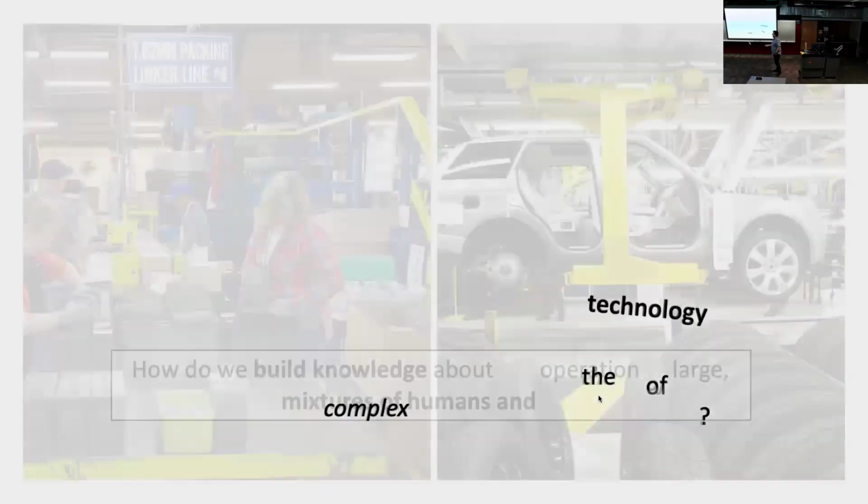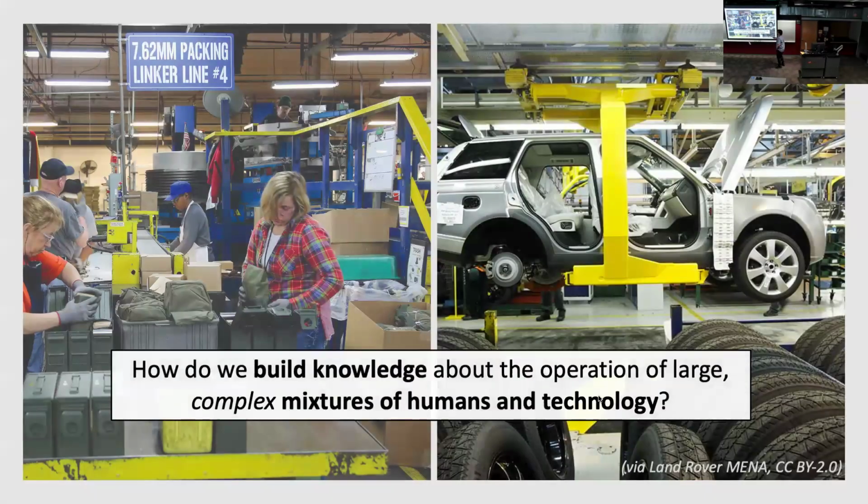So if you want to build things like this, how do we build knowledge about these complex systems that are complex mixtures of humans and technology that do not exist anywhere else in the world? No one else has studied these combinations before. There is no textbook out there with a first law of manufacturing or something like that.